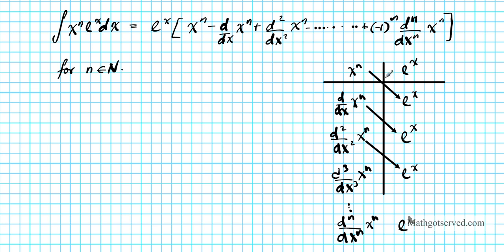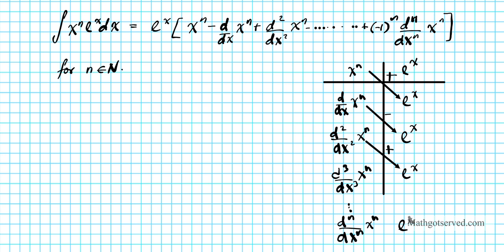When I pair this up, it's plus, minus, plus, and the pattern goes on and on. What you notice is I can always factor out an e to the x from every single term, and when I factor it out, I'm just left with these derivatives. So that's why we have that there and the e to the x factored out. That basically shows you how this came about using integration by parts.